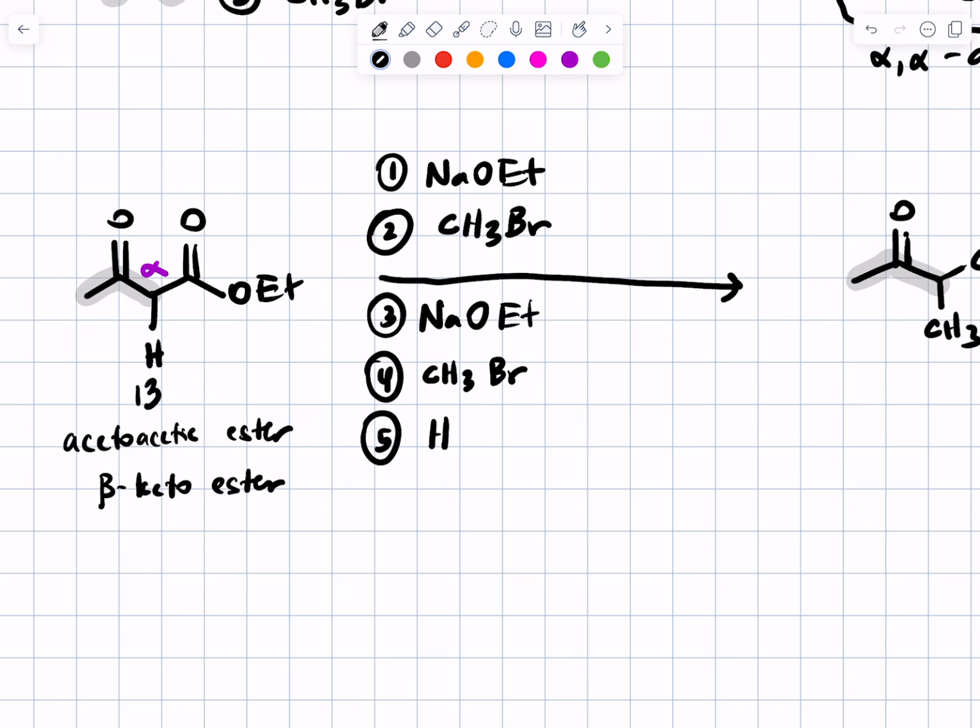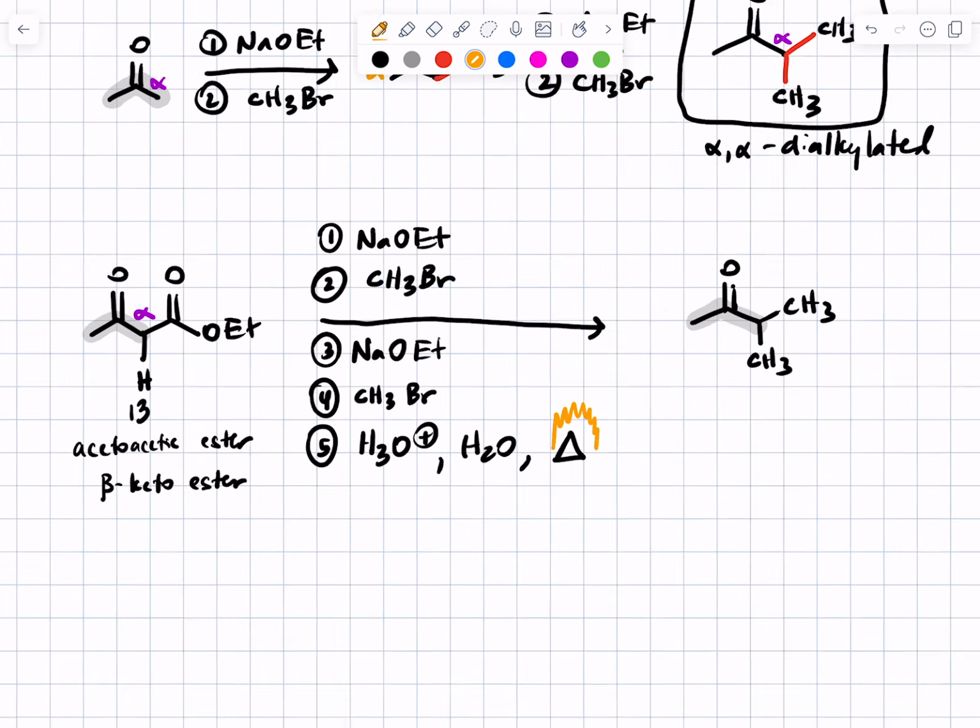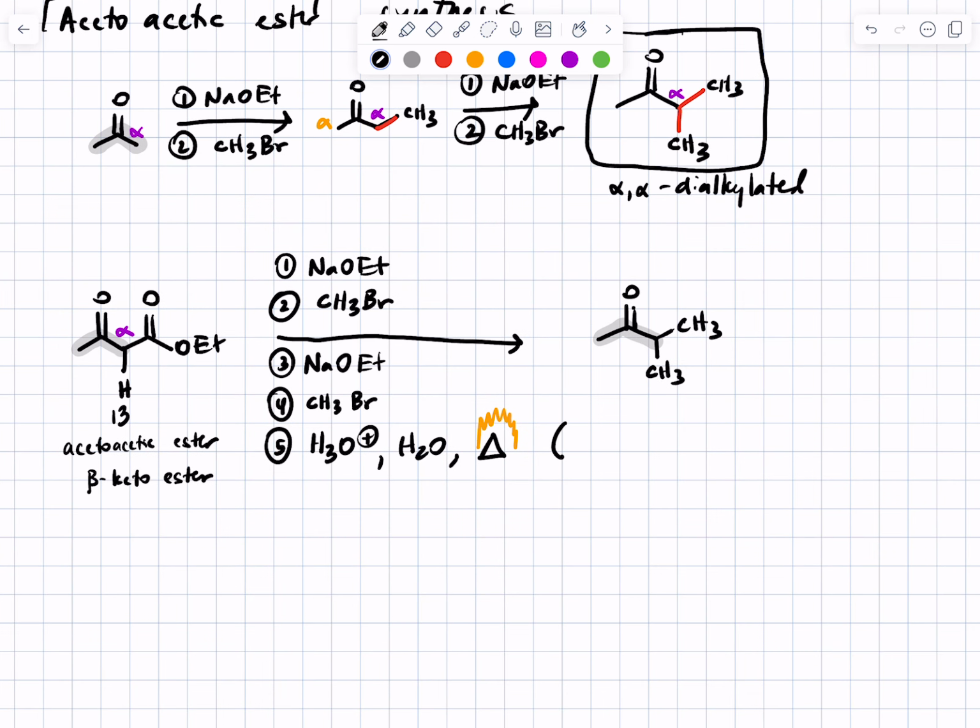At this stage, we add an aqueous acid, so water and hydronium, and importantly, we add the fire triangle, or heat. And as part of that step, we are going to both hydrolyze the ester, and second, we're going to lose CO2, which in chemistry we're going to call decarboxylation, because we like words that end in A-T-I-O-N.